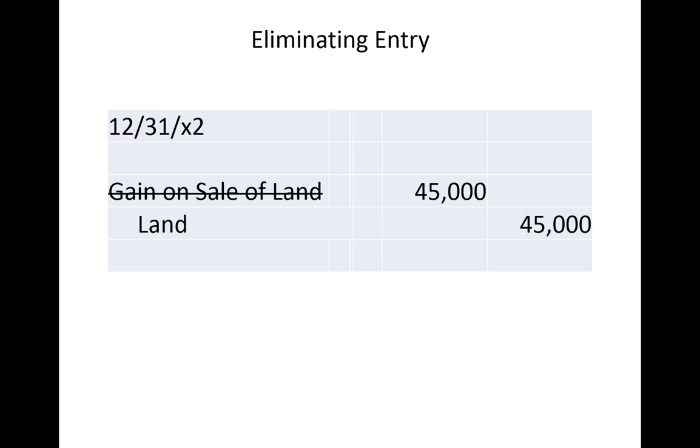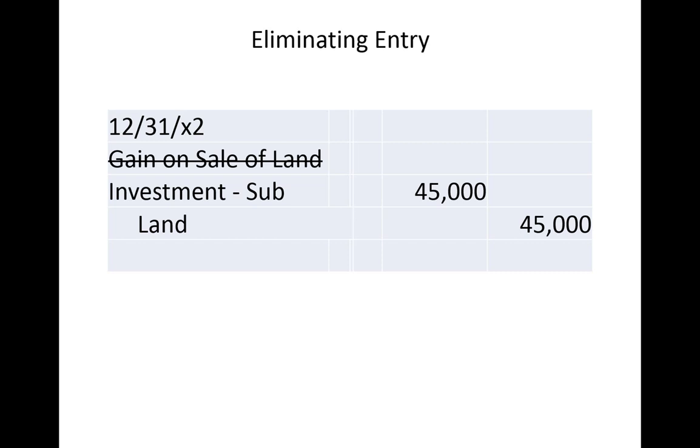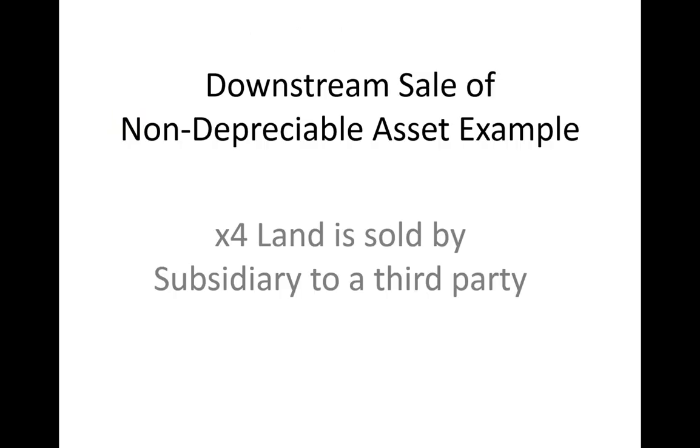So from year 2 and beyond, we're going to put the gain on sale of land or reclassify it to investment sub. So we'll make this entry here for year 2 and 3. In year 4 the land sells, so we'll do something a little bit different, which we're about to see.